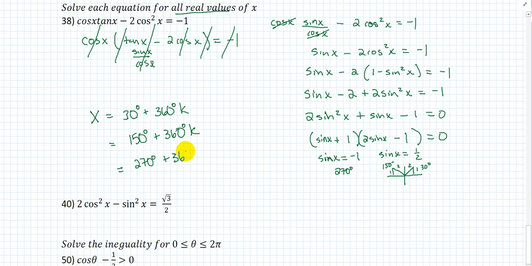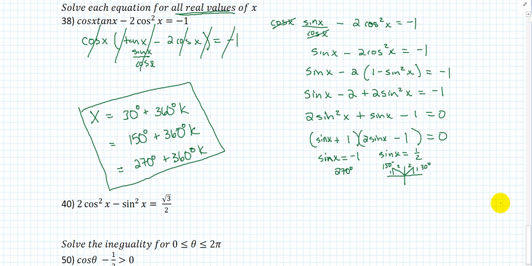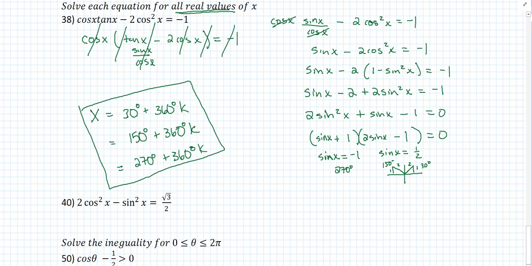It gets tricky when you have things that are 180 degrees away, because then you'll have fewer answers, but x could be all those answers. That's when we look at whether you have all real values. You have to get the k in there. People get that wrong all the time, so make sure you notice that.